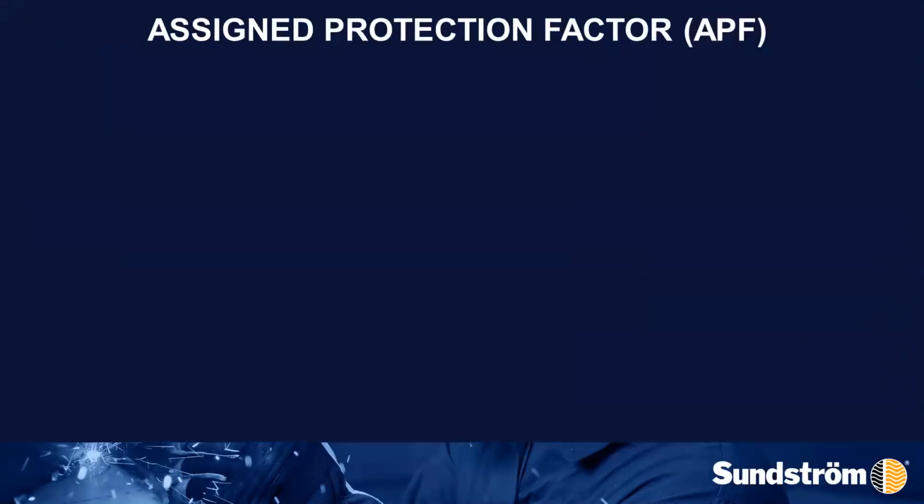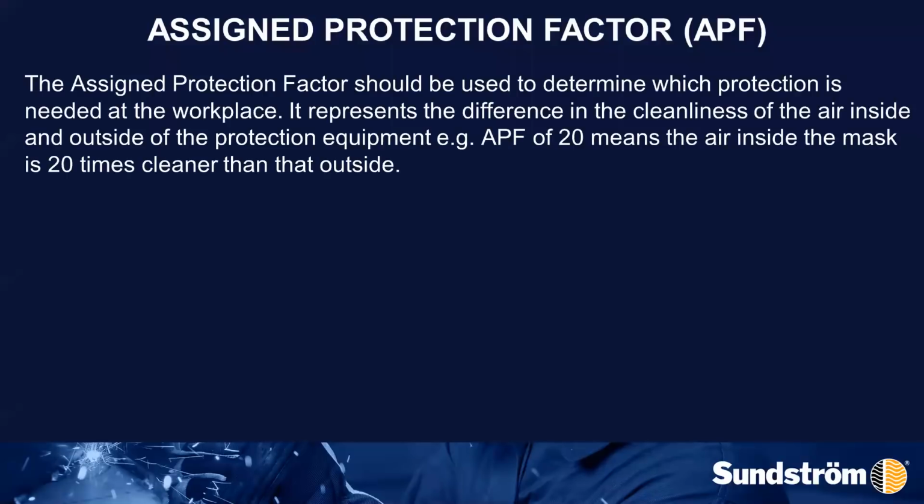So once we know how much we can expose people to, we then need to work out what type of mask and what level of protection we need to give somebody, and that's the assigned protection factor. So you should always use this to determine what you need, and in simple terms, it represents the difference between the air inside the mask and outside the mask. So if you've got something with an assigned protection factor of 10, it means you're getting 10 times cleaner air inside the mask.